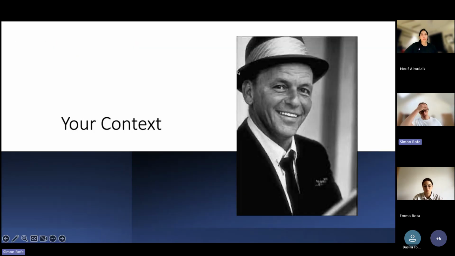Now, I particularly at this point want you to think about your context. So the environments in which you work, both in the Kingdom and in the various entities that you represent, how much of this that I've shared resonates?